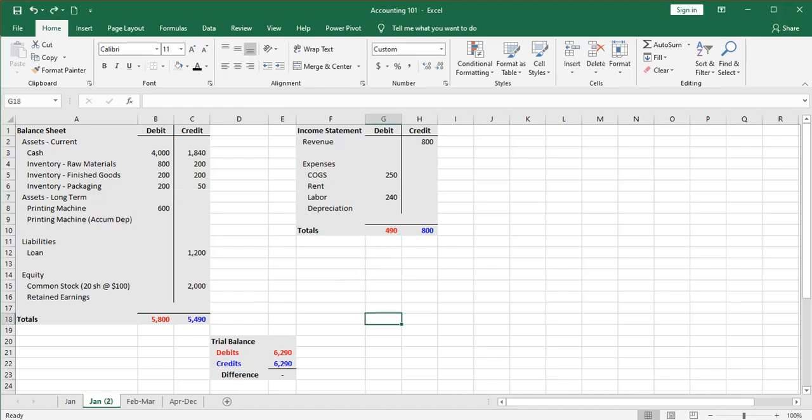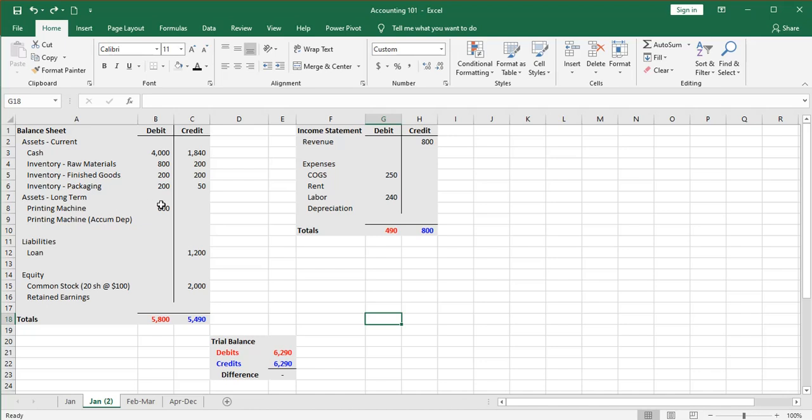So we're almost done with the first month, but we've got 3 entries we need to make for general housekeeping of our financial statements here. We said we were going to depreciate our printing machine at $10 a month over 60 months. So over a 5-year period, it would be straight line depreciated to 0.